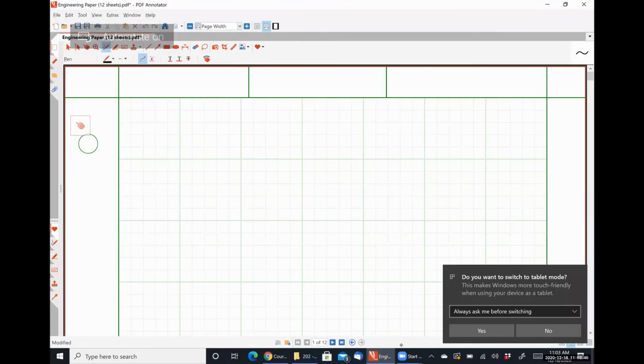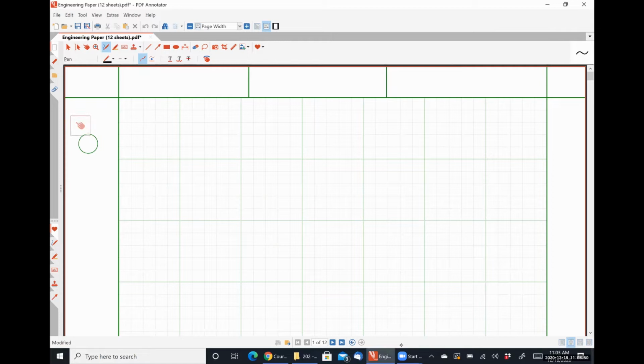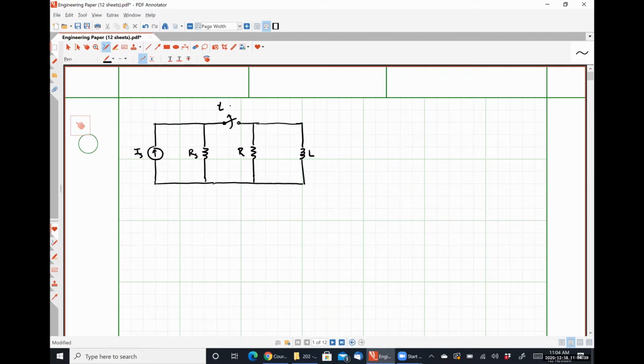So hopefully you all recall, if we had a circuit that looked something like this, call this R, and this guy L. And our switch opened at t is equal to 0.